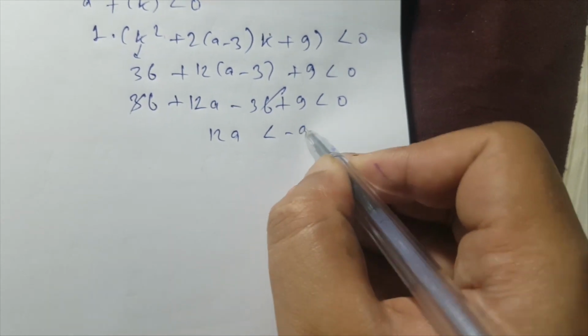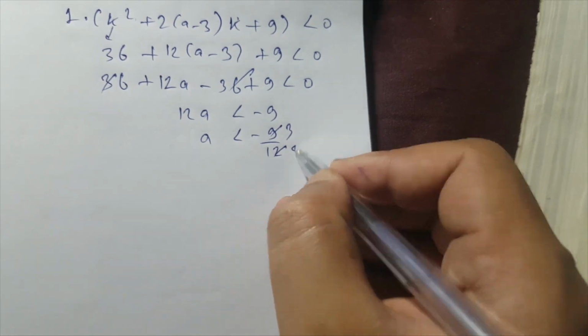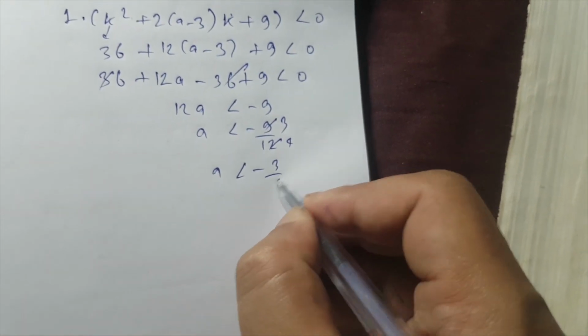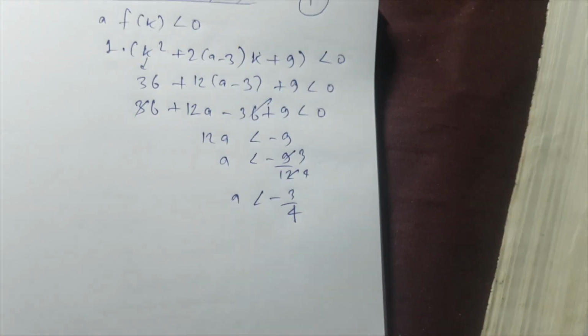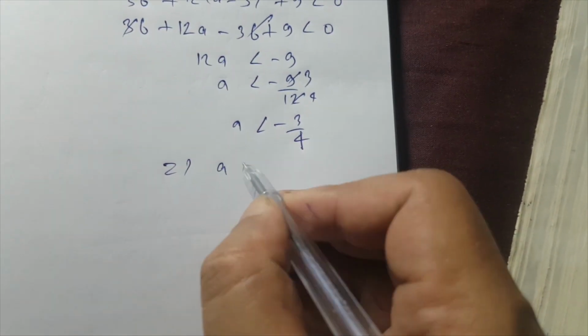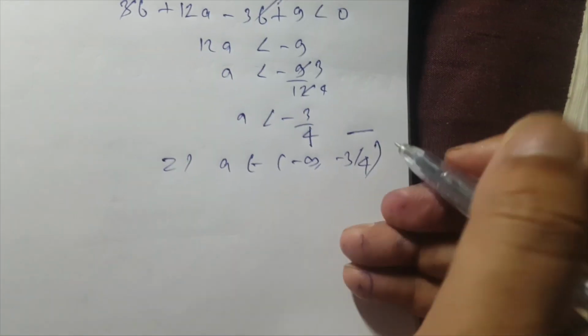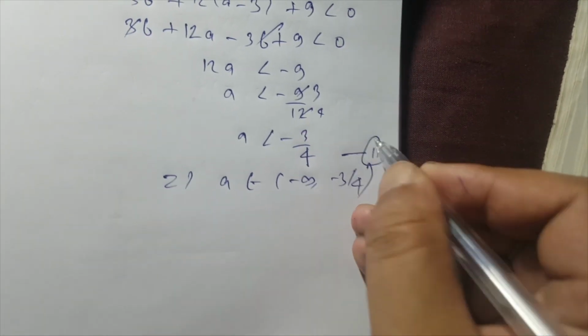12a less than minus 9, so a less than minus 9 by 12, which is minus 3 by 4. So our a belongs to minus infinity to minus 3 by 4. We will label this as inequality second.